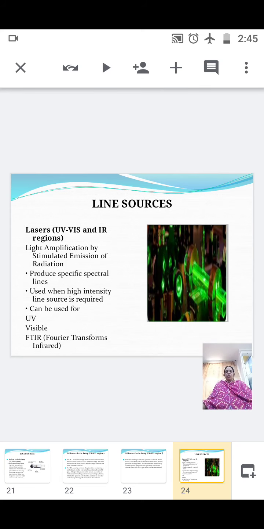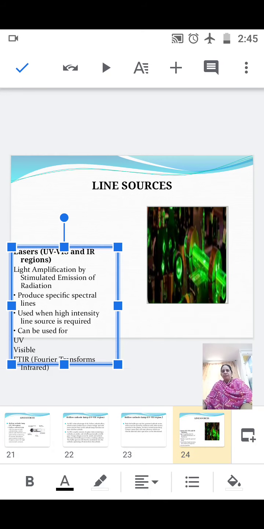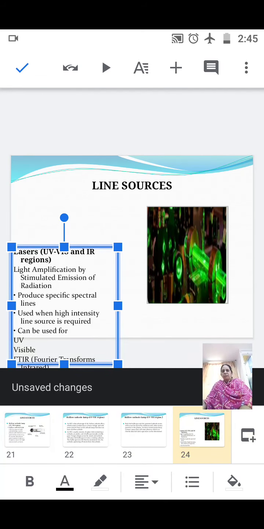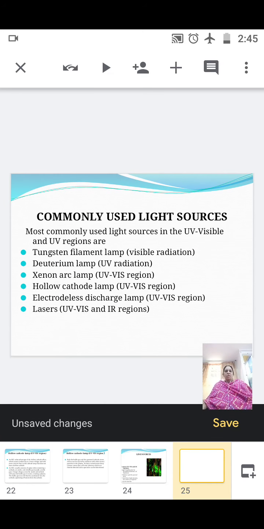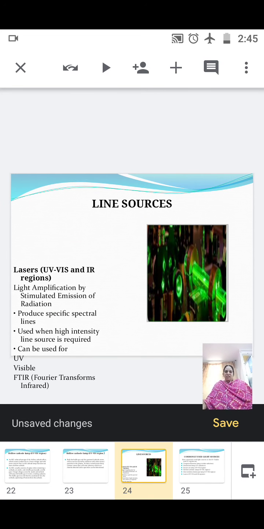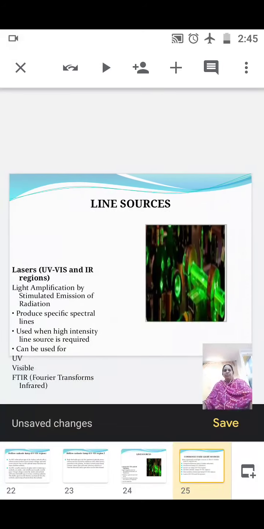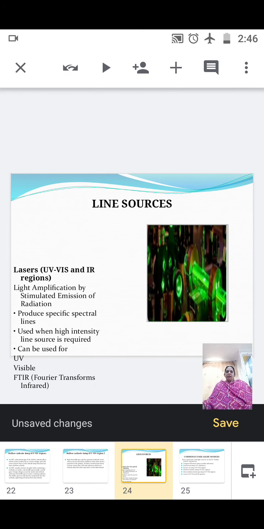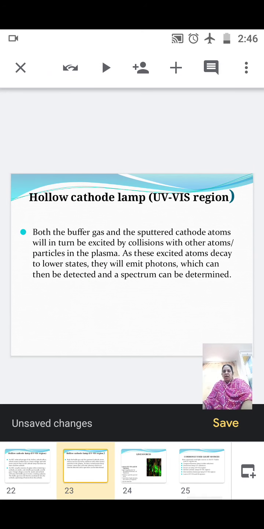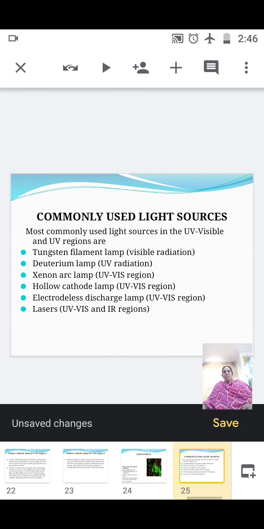What are the commonly used line sources?